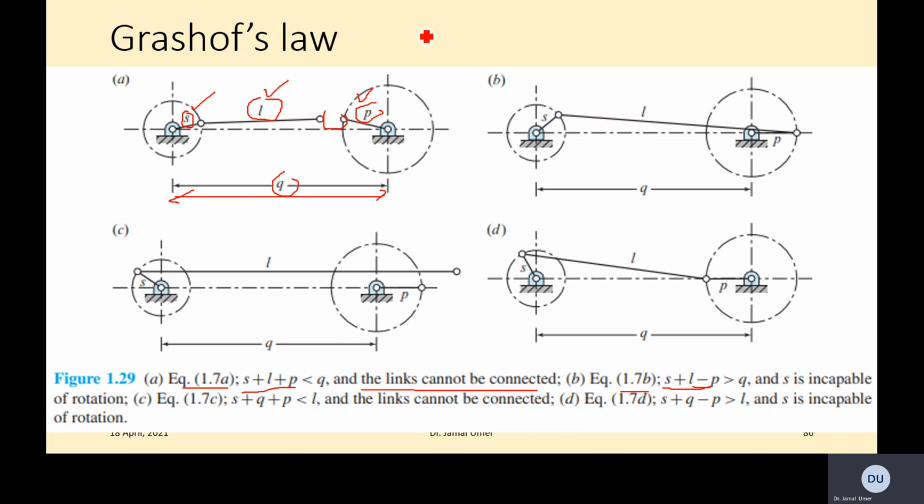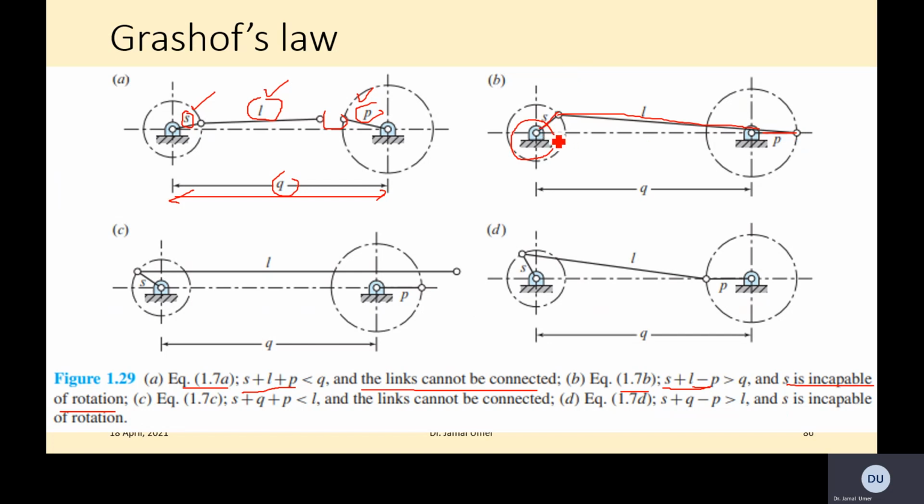Here S is the crank, L is the coupler, and this is P. You subtract it, so it goes to the other end. Now the mechanism is incapable of rotation. S cannot make any revolution because the coupler is so long that it does not allow complete revolutions.